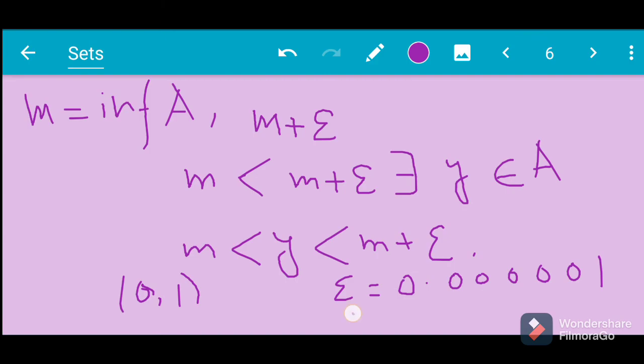I can find a smaller number, not this one, right? How many zeros are there? 1, 2, 3, 4, 5. I can write 6 zeros and then 1. So this is less than epsilon and greater than 0, so this is no longer an infimum. So if you add anything to the infimum, it will no longer be a lower bound.